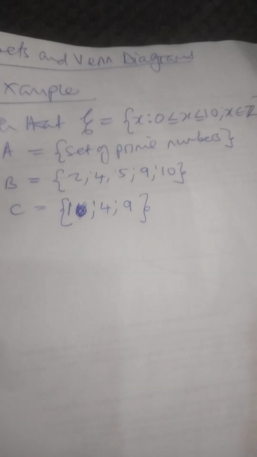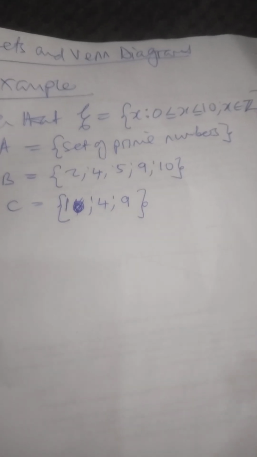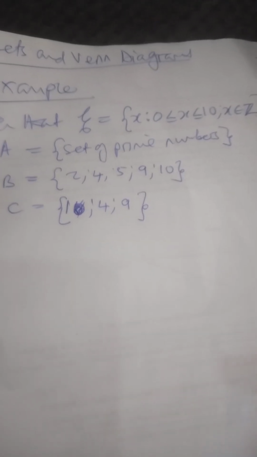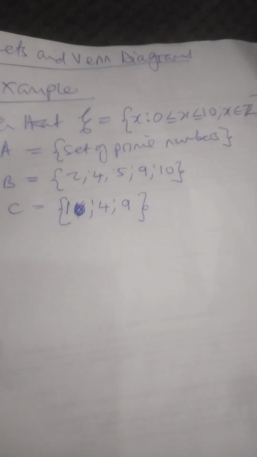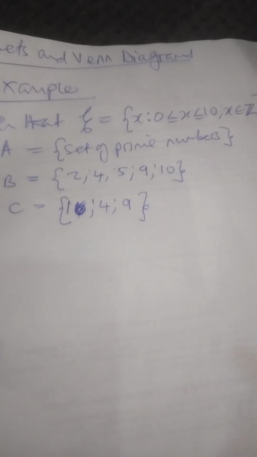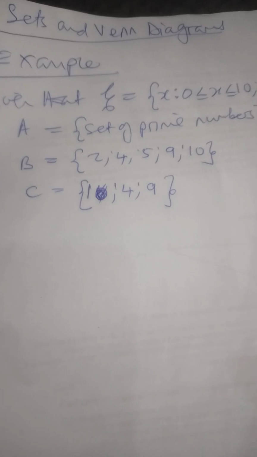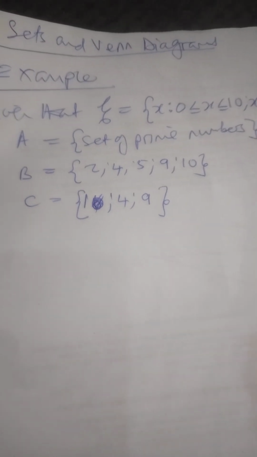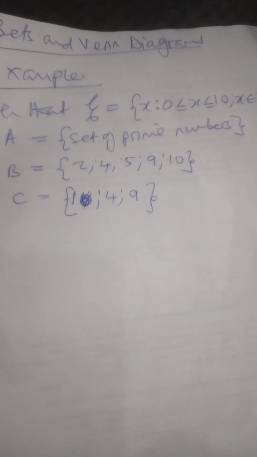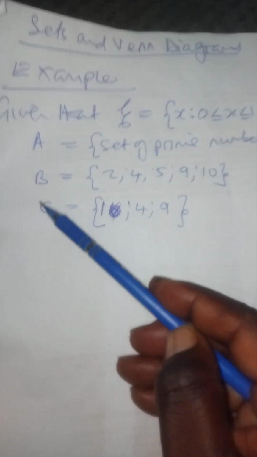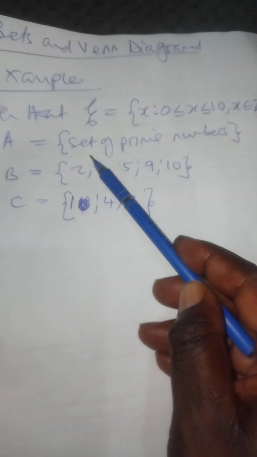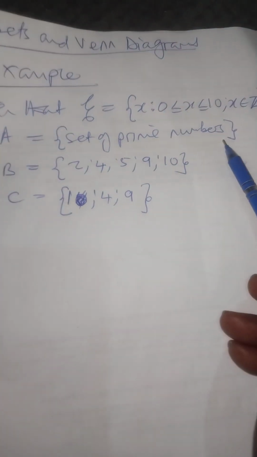Then a subset is shown by a circle, and normally we use capital letters or upper cases to represent subsets: A, B, C, or D. So in this case, we have three subsets: subset A, subset B, subset C. Subset A is a set of prime numbers.